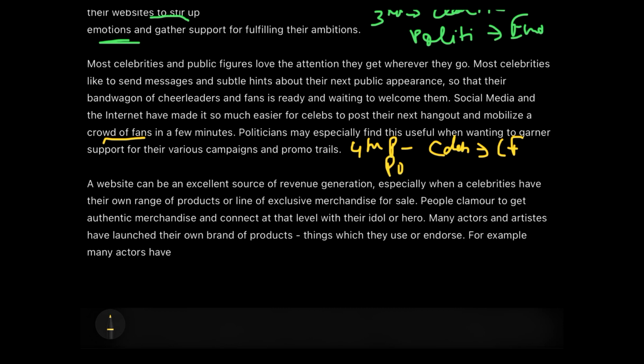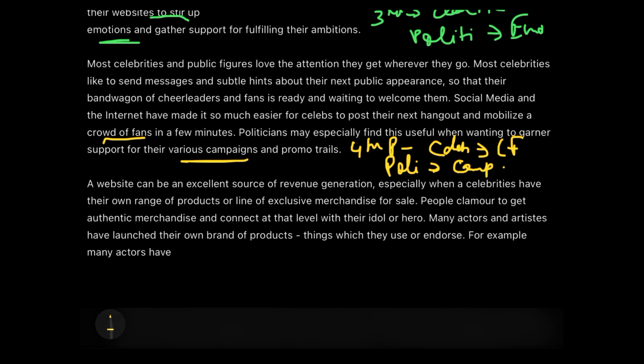And the second thing is politicians who gather what? Who gather support for various campaigns. So I'll just write camp and I'll remember it. So this is the use case of politicians for garnering support for the various campaigns, and celebrities calling a crowd of fans. Okay.